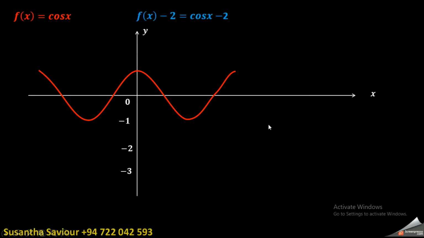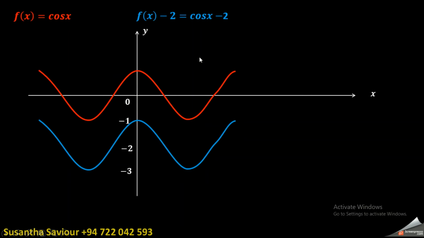Look at this, f(x) minus 2. This time what happens? It will go down by how many points? This graph will go down by 2 points. Then this 1 will come and sit at minus 1.